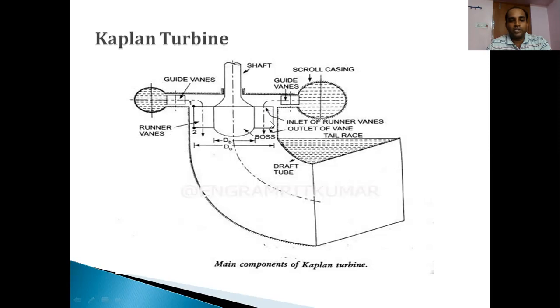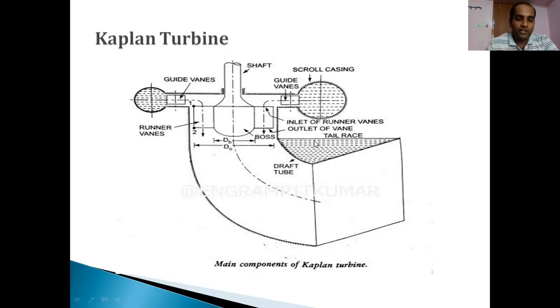Two blades are mounted here, and these are the guide vanes. These are the fixed blades here. These are the moving blades which are mounted directly on the rotating shaft, and this is the bent draft tube where the water is discharged in the tail race.